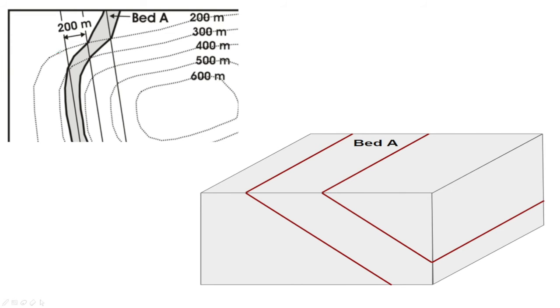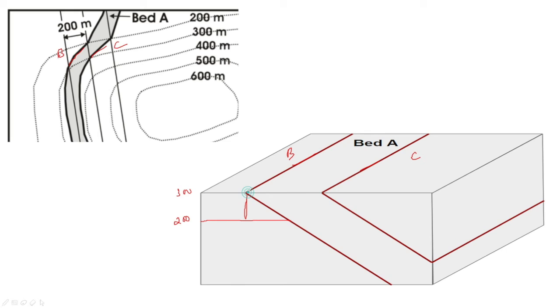We know this is B, C, this is also B, C, and this bedding plane is this one, and this bedding plane is this one. Suppose this is at 300 meter elevation and the 200 meter elevation is this one, so it will be somewhat like this.